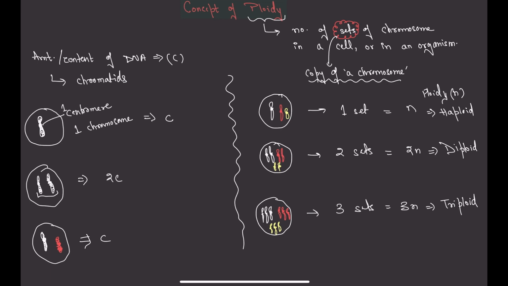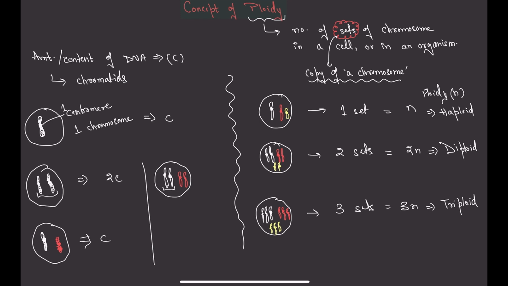Let us take another example quickly. Count the number of chromosomes. There are 4 centromeres present, so 4 chromosomes, but we have to look for each type. So if I look just at one, that is the white type, the white chromosomes are just 2.